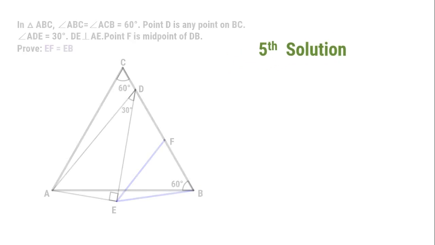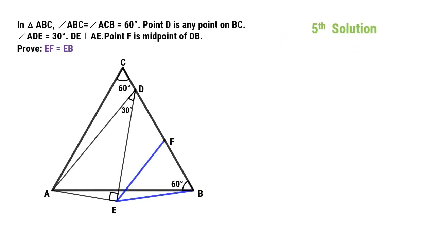The fifth solution. Because triangle EAB is a 30, 60, 90 degree triangle, we can make an equilateral triangle NAD on the base of segment AD.